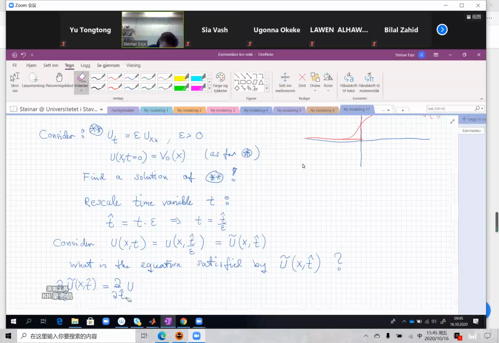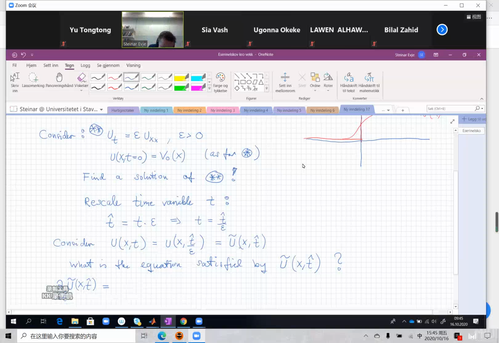Let me see. How can we rewrite this? We want to use the relation between u tilde and u.